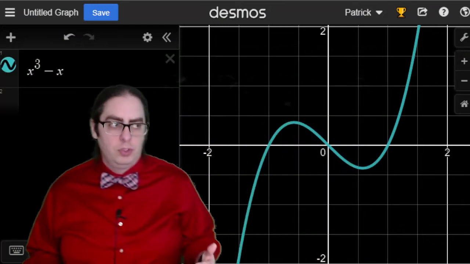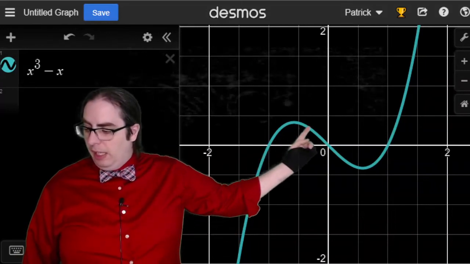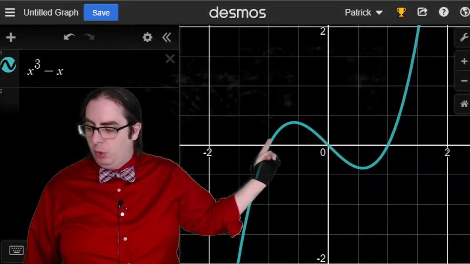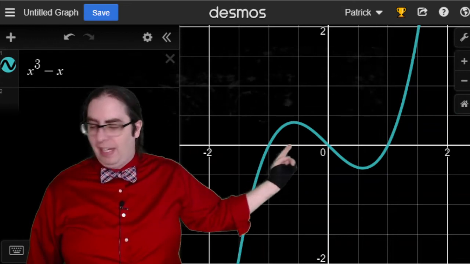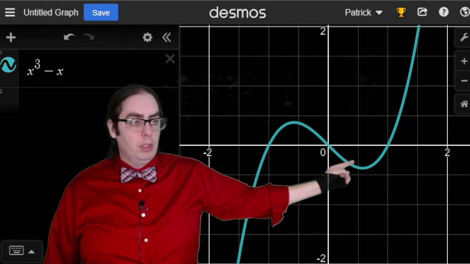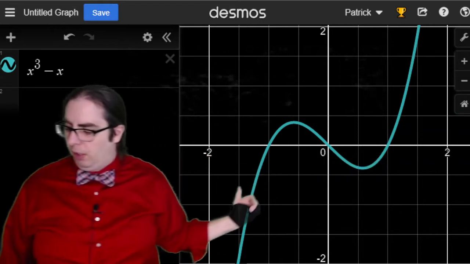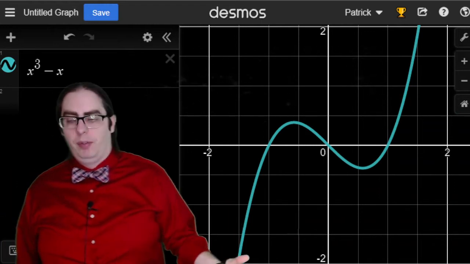If I look here, I have a region between that curve and the x-axis that has a finite area. I've got another similar one right here, and then way over here and way over here, the curve is unbounded.